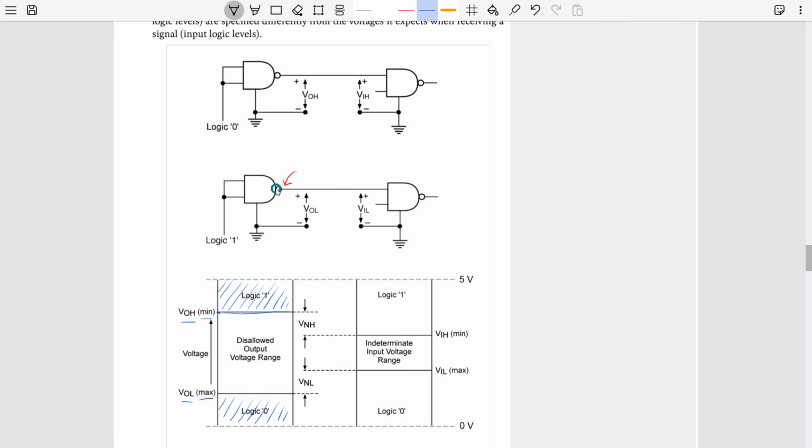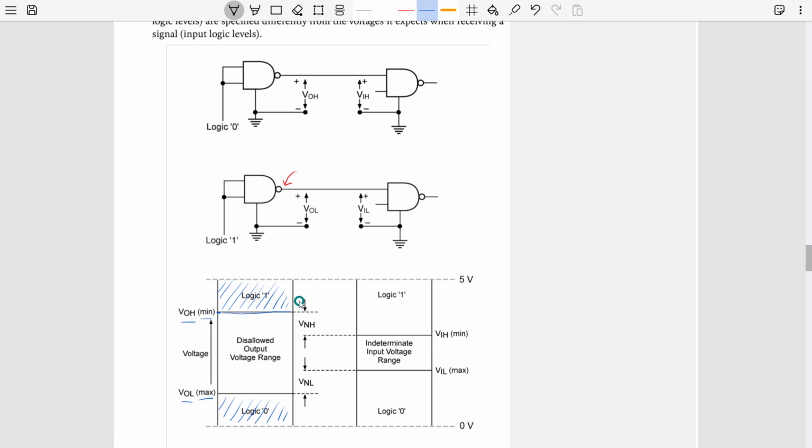So it can be, let's say, 4.2 volt. That means whenever it is trying to output a logic high signal, the voltage will never be less than 4.2. It can be 4.5, 4.6 based on the loading condition, based on the number of gates connected at the output. It can vary, but it can never go less than 4.2. That is the idea, and that is VOH.